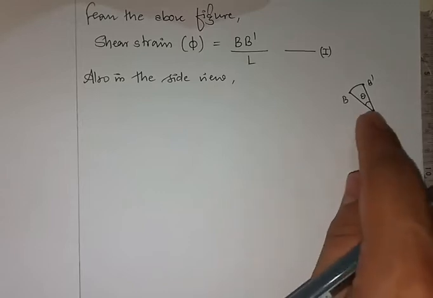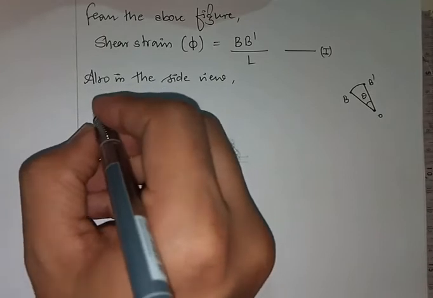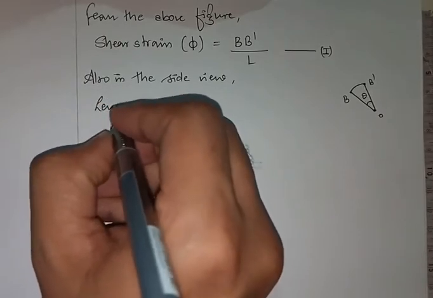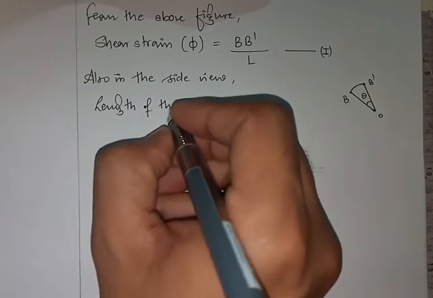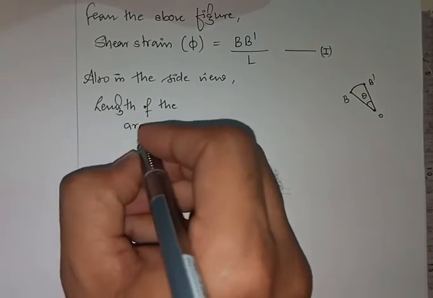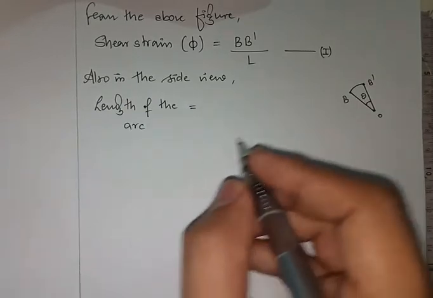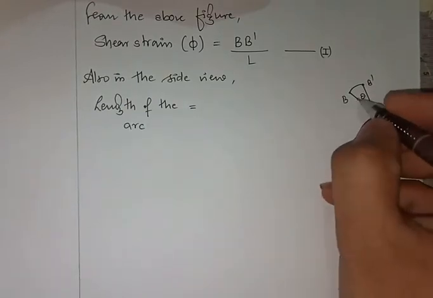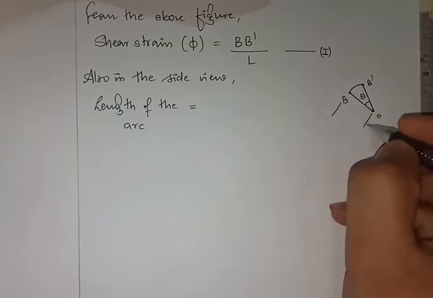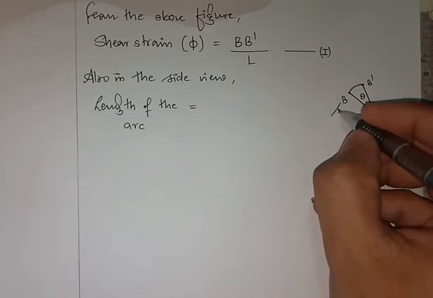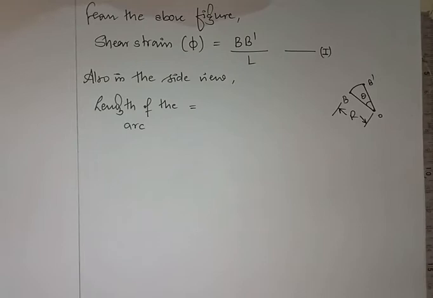So here what I can write for this is length of the arc is equal to, so this distance here, I'll just mark this. So this distance is radius, right?